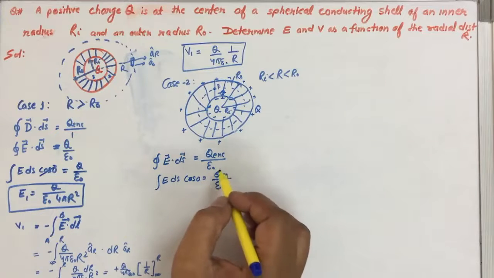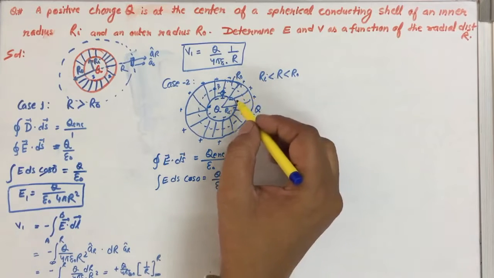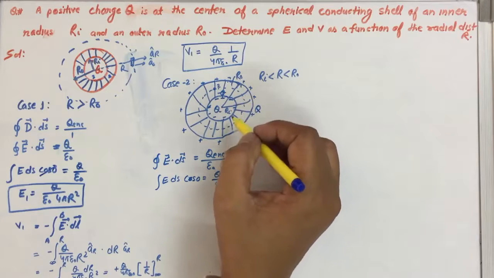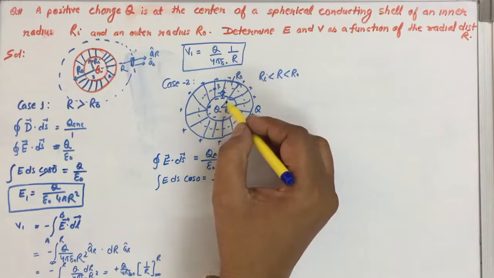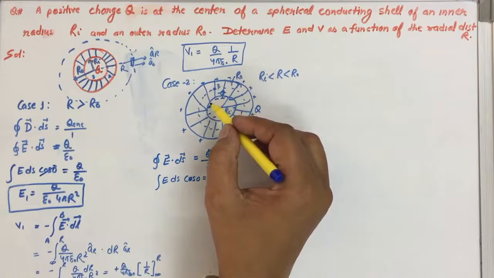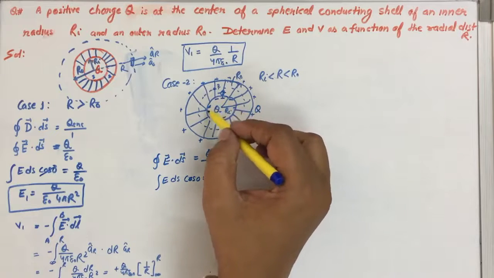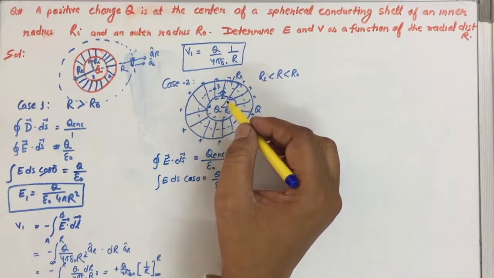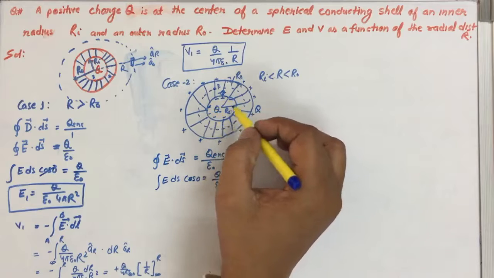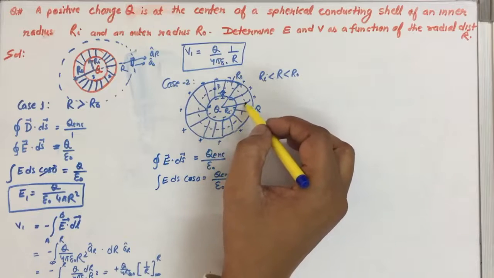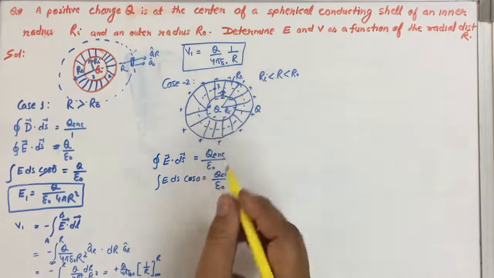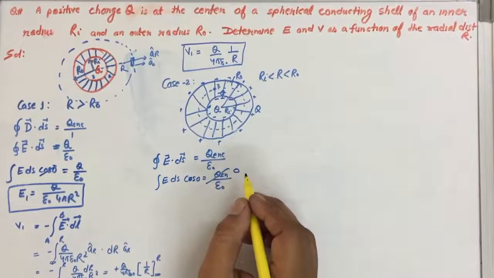So what is the charge enclosed if we consider any Gaussian surface between this to this? See here, this is the positive charge Q and equal and opposite charge will be induced here at the inner surface of the shell. So including these two, the full charge inside this Gaussian surface will be 0. So it will be 0.